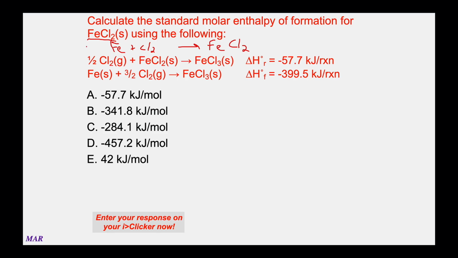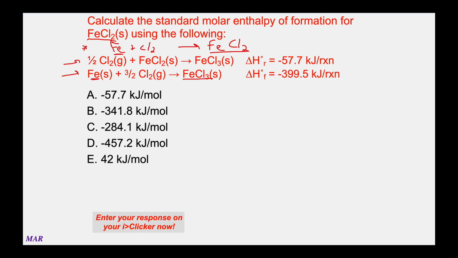So this is the desired equation, and we want to make these two equations look like the last one, all right? And you can see that right now that's a little confusing. What I look for on these kinds of problems is, for example, we want iron as a reactant, and iron is a reactant right here. So probably we can use this equation as is, but you don't want FeCl3 as a product, you want FeCl2.